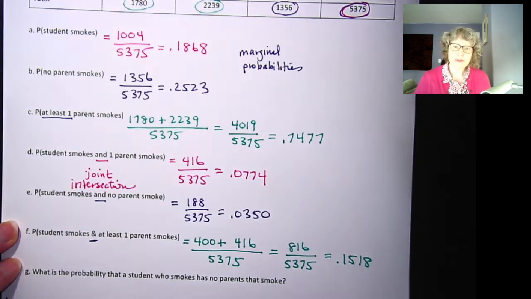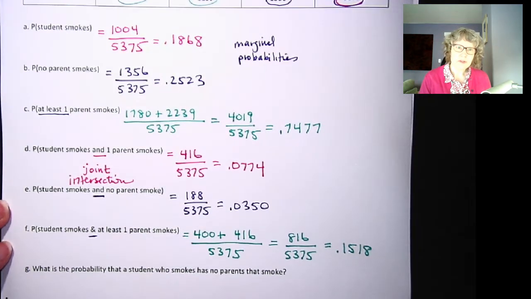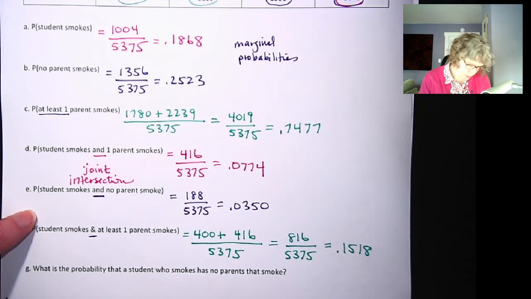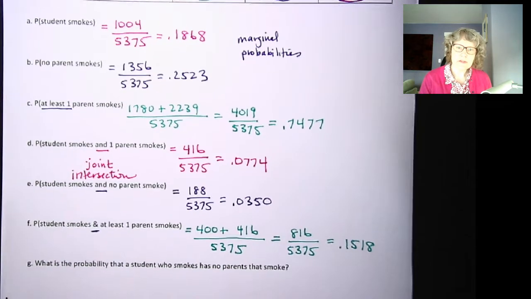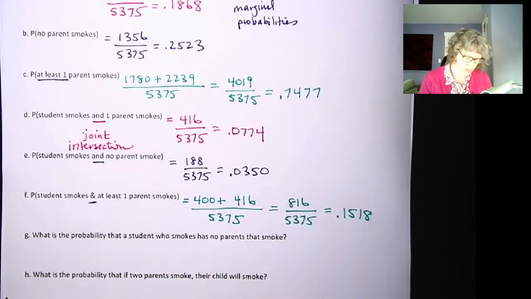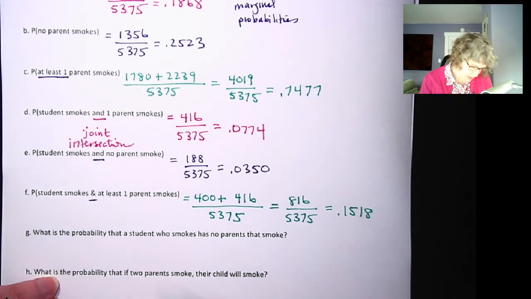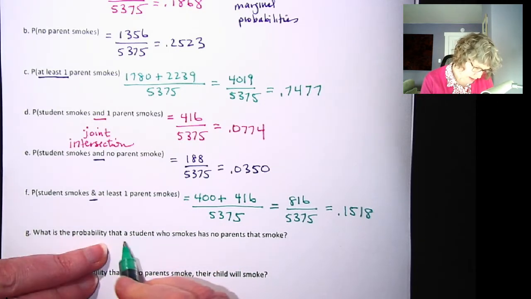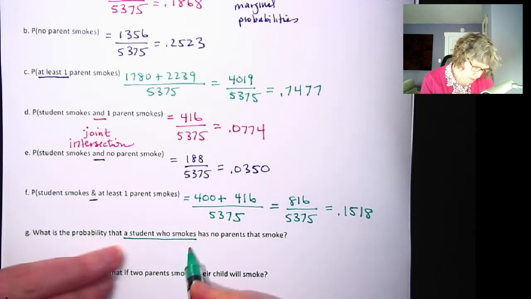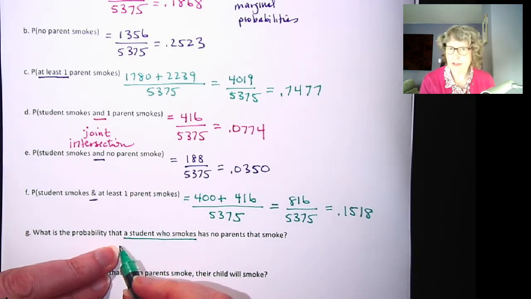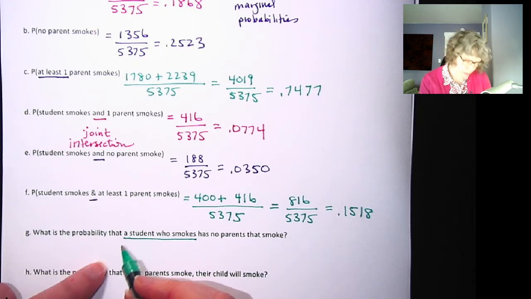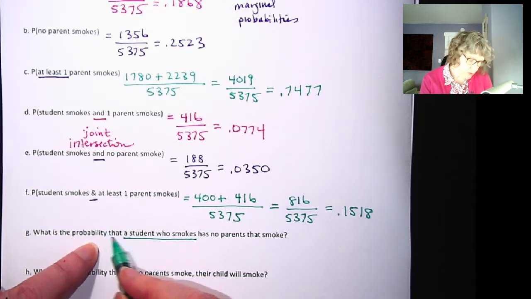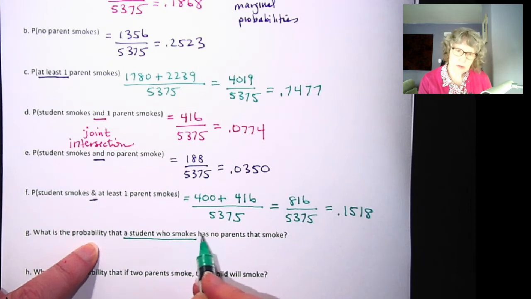So far so good. We've had our marginal and our joint. Let's see what this is going to be. There are more words, so I have a feeling it's different. What's the probability that a student who smokes has no parents that smoke? They didn't use the word if or given, but this is a conditional probability. They're telling us to only look at the students who smoke.